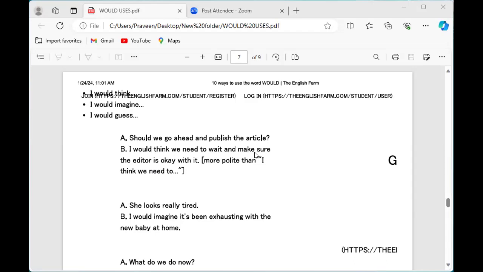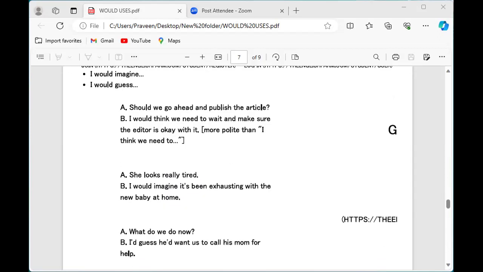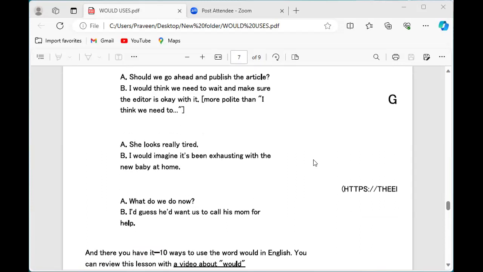I would think we need to wait. It is more polite than saying I think we need to. Very polite way of saying I would think rather than I think we need to.